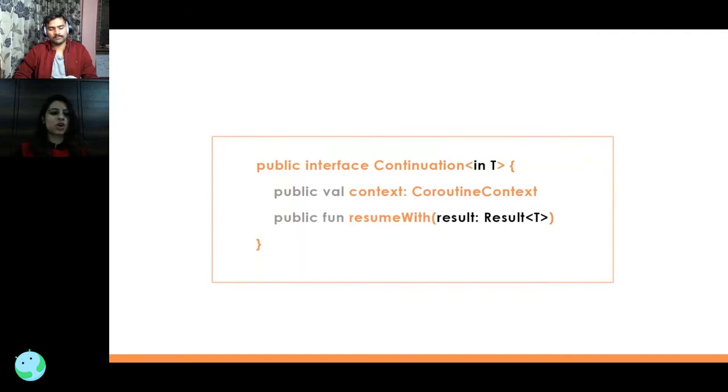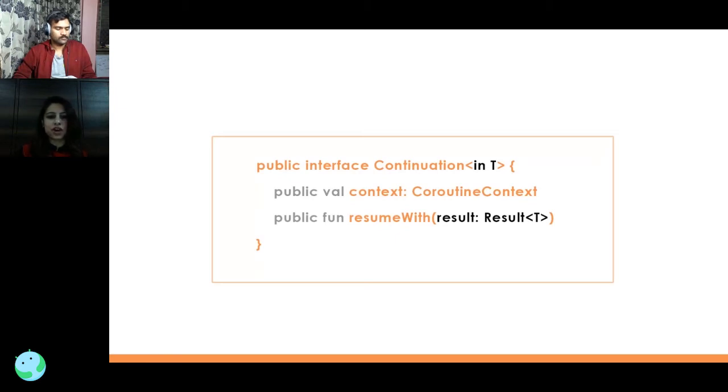So these are just callbacks. Now, if we look closely at this continuation interface, it contains two things. First is the coroutine context, which, as context is always about some information itself, holds information about the coroutine, like when it needs to run, any state or any errors.